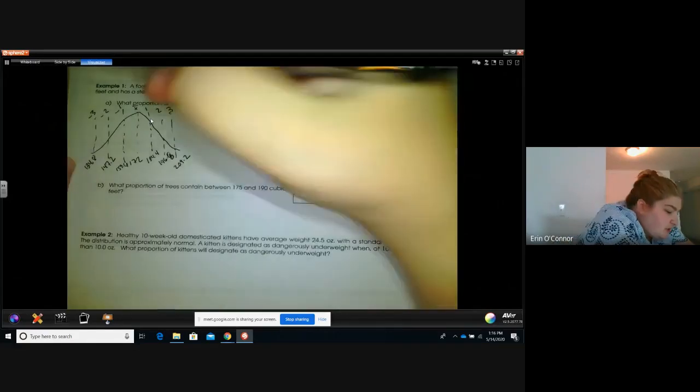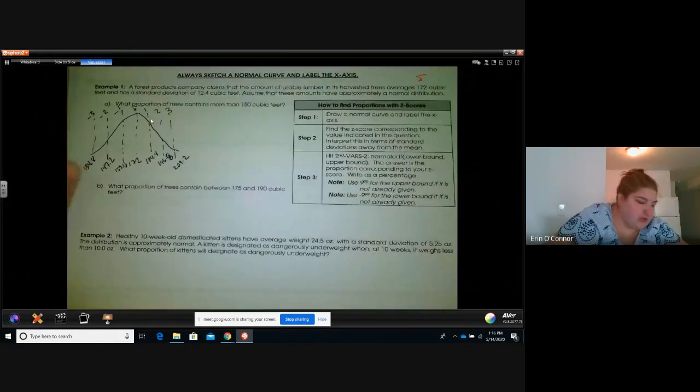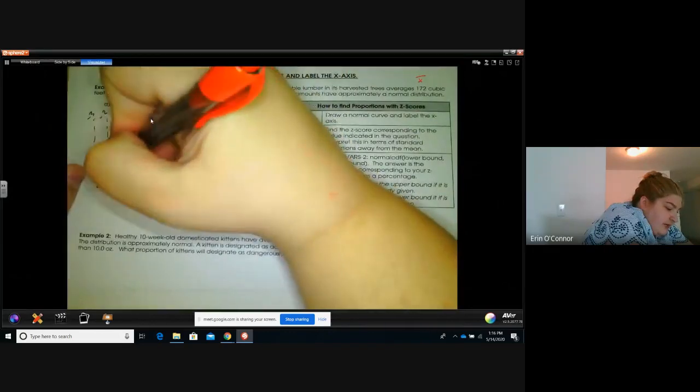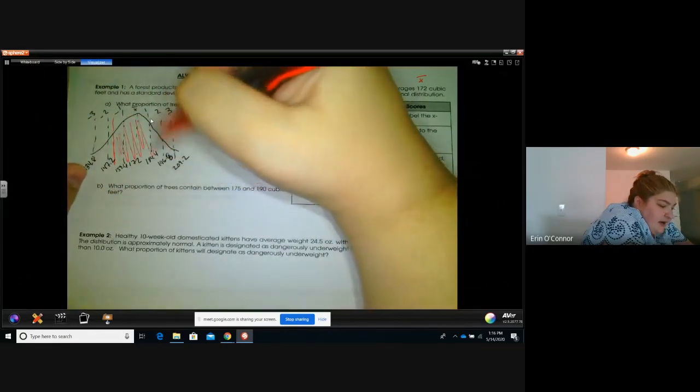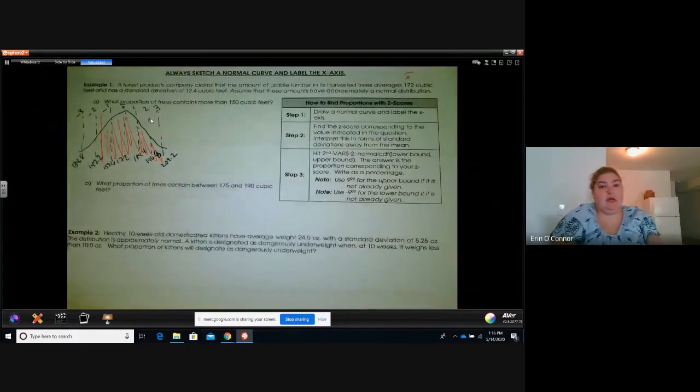So now that we sketched it, it says, what proportion of trees contains more than 150 cubic feet? So 150 would be somewhere in here between 147 and 149, closer to 147, and it's more, so I need all of this. Now, to figure this out, I need to first find the z-score.